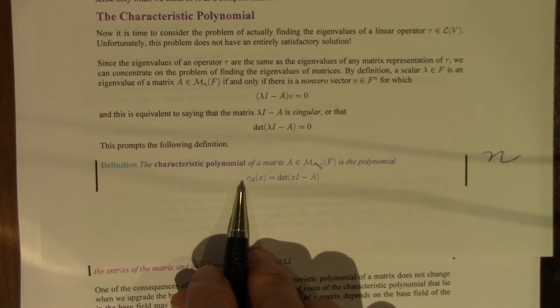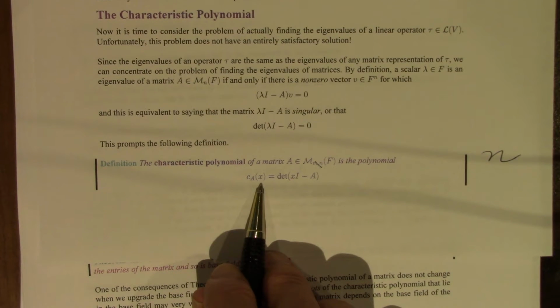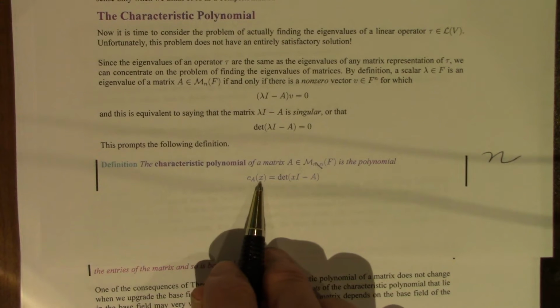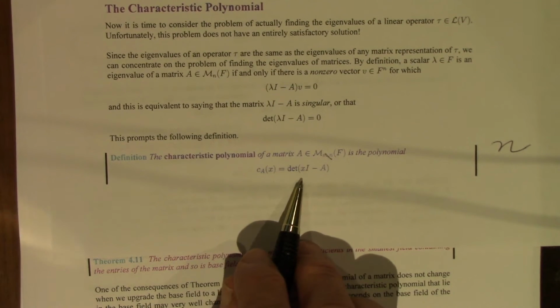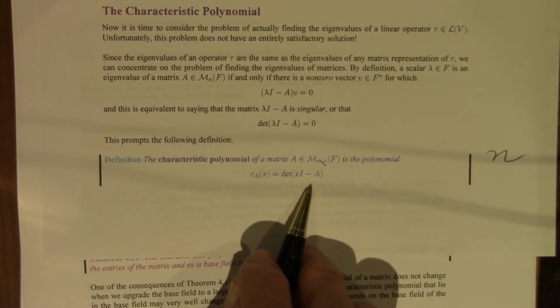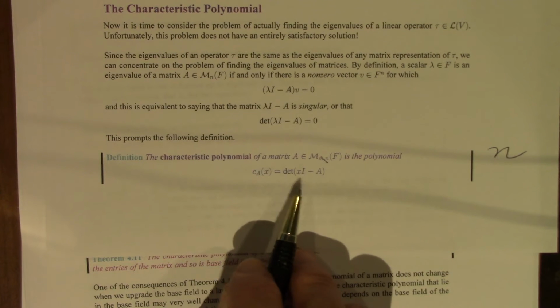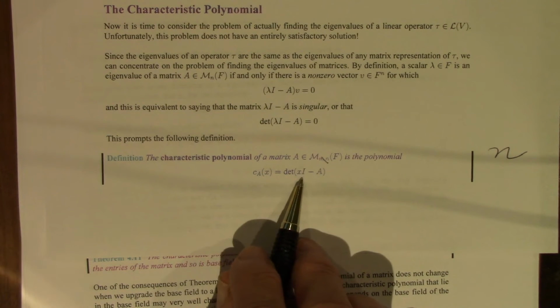I'm going to use the notation c sub A of x for the characteristic polynomial. I think there's a variety of notations, but this one seems reasonable. So the characteristic polynomial of a matrix A, an n by n matrix, is determinant xI minus A. I, of course, is the identity matrix of size n by n.